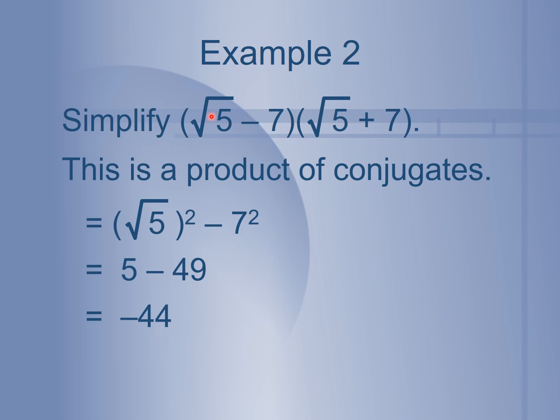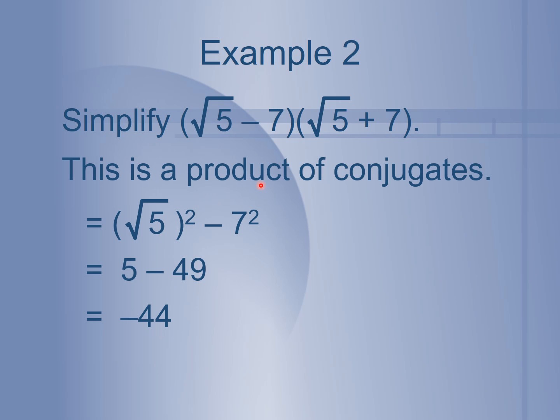So it's going to be this squared and then this squared, and it's a difference, so that means it's subtraction. So once I rewrite it as difference of squares, then I can go ahead and simplify. The square root of 5 squared is 5, and the 7 squared is 49. And then 5 minus 49 is negative 44.